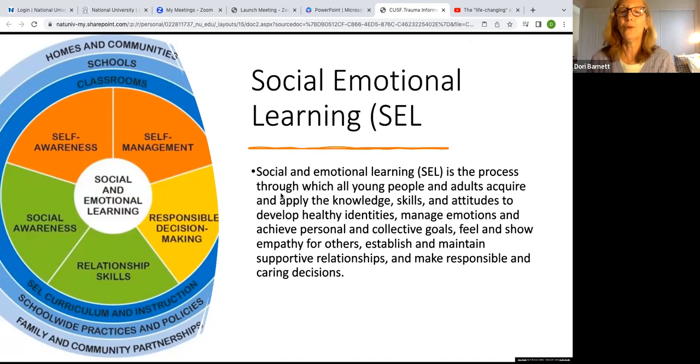It's the process through which young people acquire and apply skills and attitudes to develop healthy identities, manage their emotions, and achieve their personal and collective goals by showing empathy for others, building supportive relationships, and making responsible and caring decisions. So if you're practicing social emotional learning, you're also practicing a trauma-informed approach.